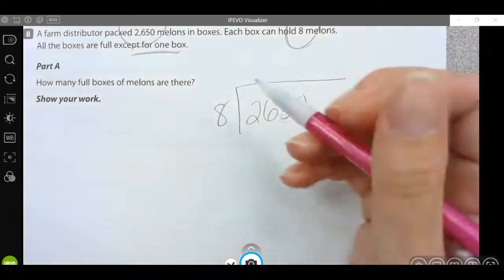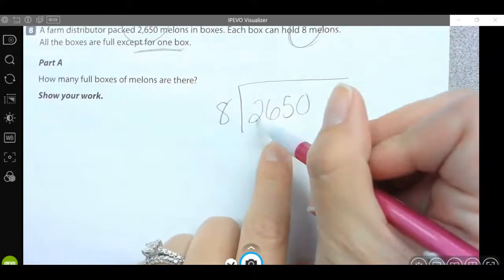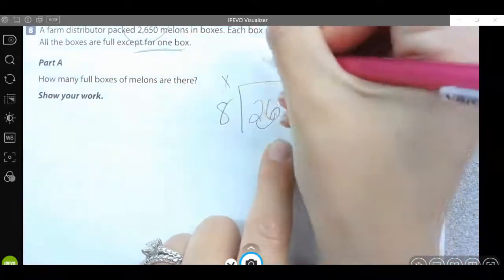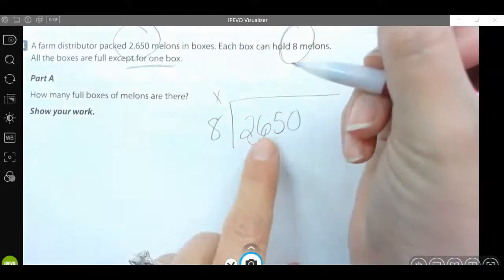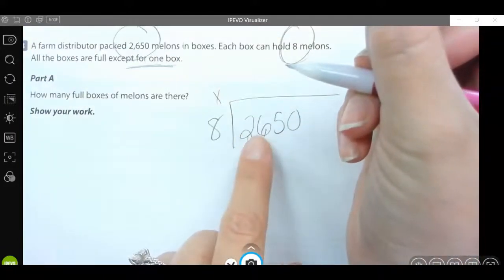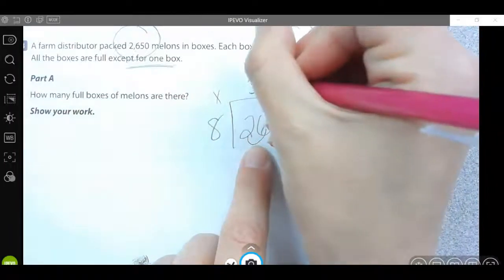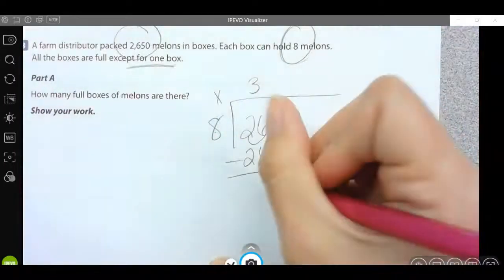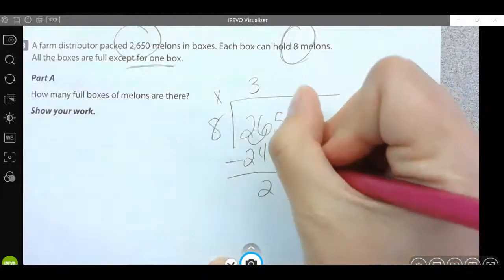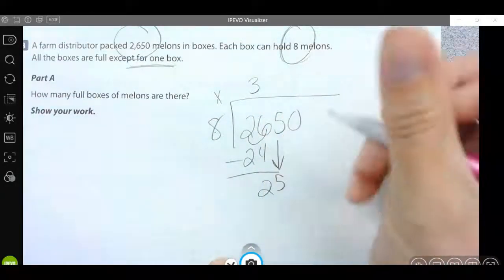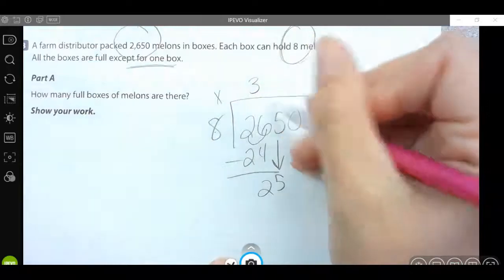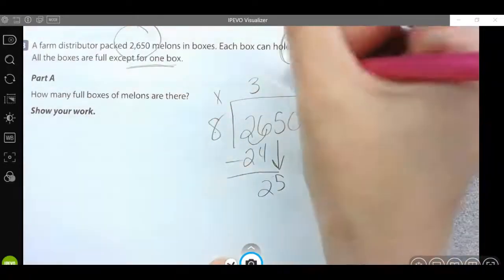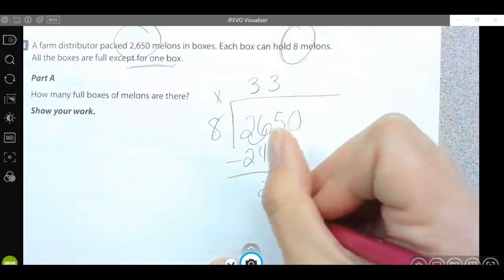Let's do this together. Can we start with the 2? No, we got to make it bigger. 8 times what number gets me closest to 26 without going over? 3. What's 3 times 8? 24. Good. How much do we have left over? 2. Then I bring down the 5. Awesome. 8 times what number gets me closest to 25 without going over? 3. What's 3 times 8? 24. Awesome.